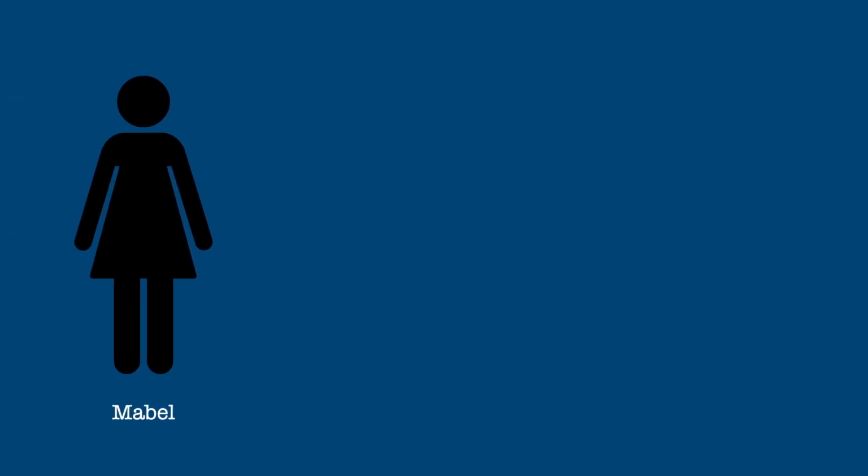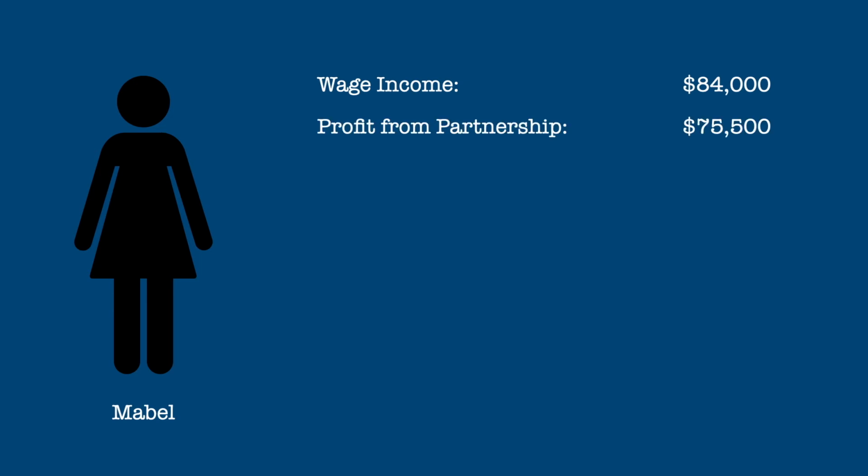Mabel has wages from employment of $84,000. She also materially participates in a partnership, and her share of the profits is $75,500. First, of course, she multiplies her share of the profits by 0.9235, with a result of $69,724.